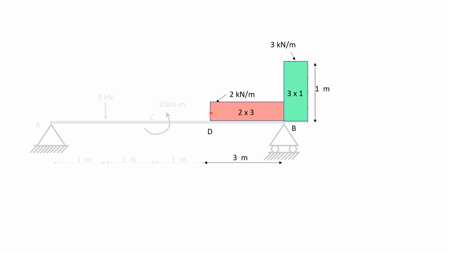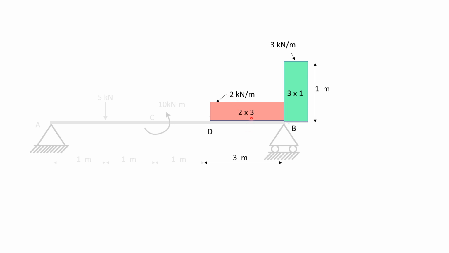Now this load will be converted to a single load like 2 into 3, area of rectangle, and this load will be converted to a single load like area of rectangle 3 into 1, and they will act as single pointed loads acting at half of the span of the loading.